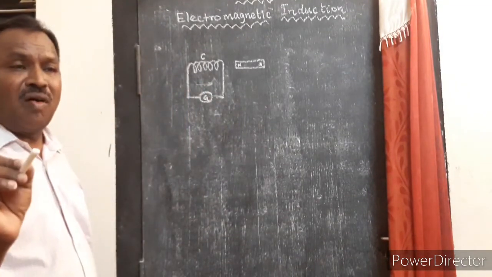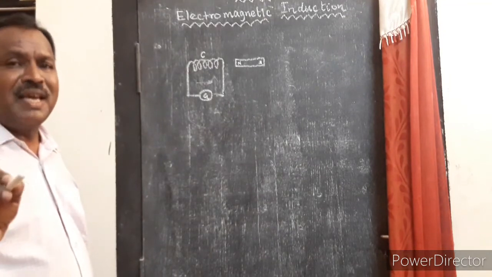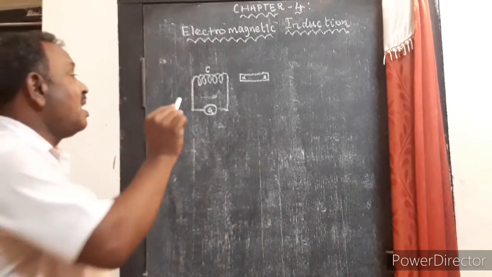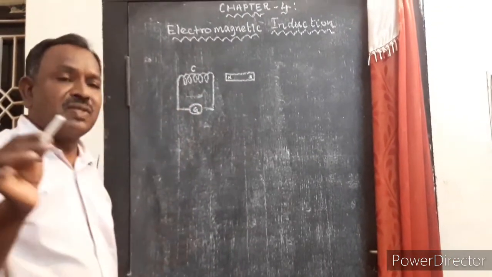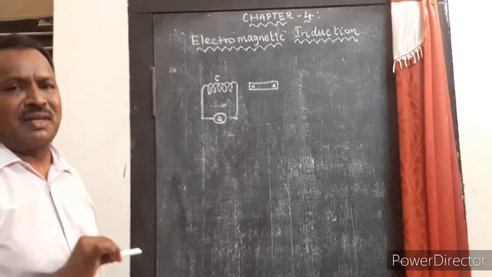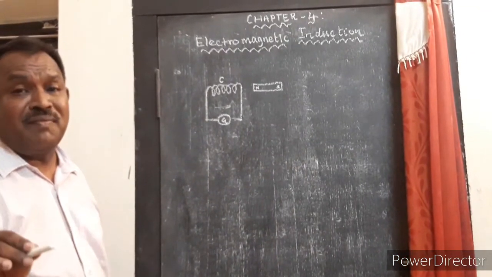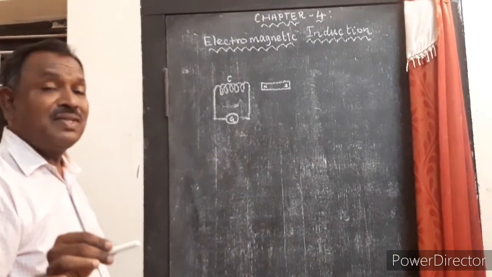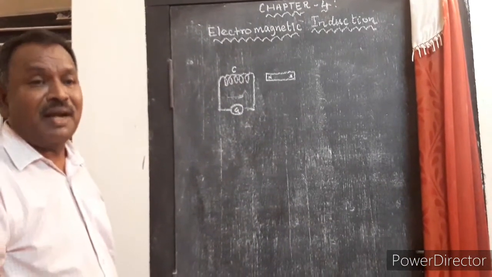This method of producing EMF by changing the magnetic flux linked with the circuit is called electromagnetic induction. The induced EMF is called induced EMF. The current is called induced current.